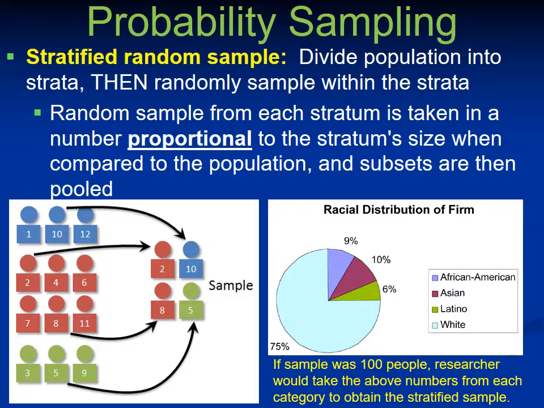And you want to make sure that you get the proper percentage of those smaller strata in your final sample. So what you do is you divide it up into each stratum and then take a random sample from each in a number proportional to the stratum's size when you compare it to the population. And then you pool all of your subsets to form your overall random sample.